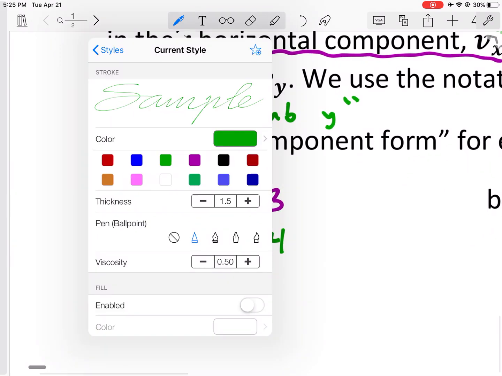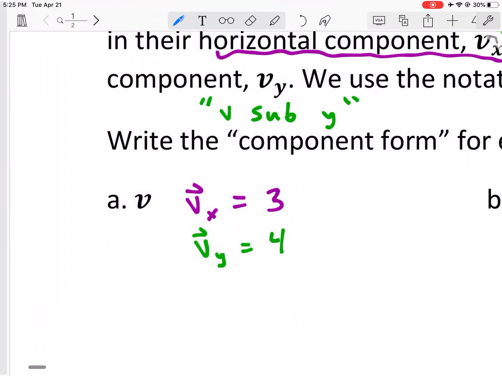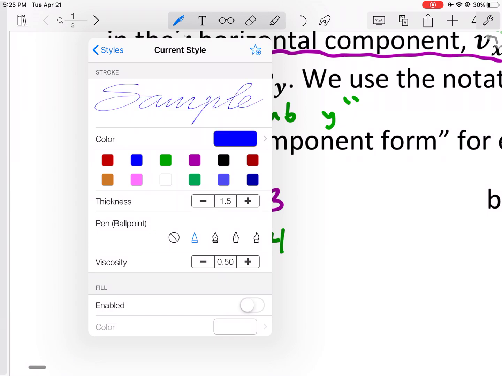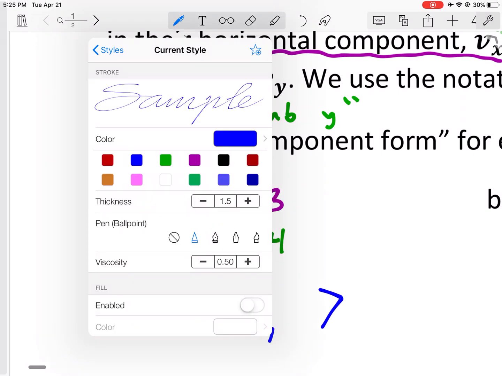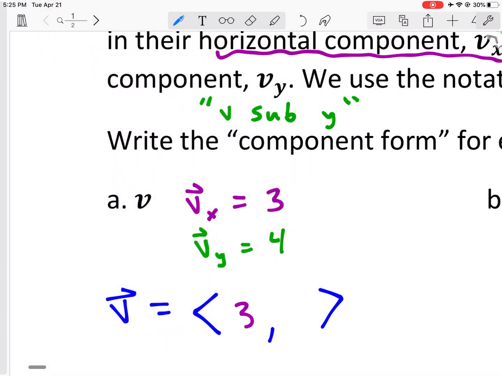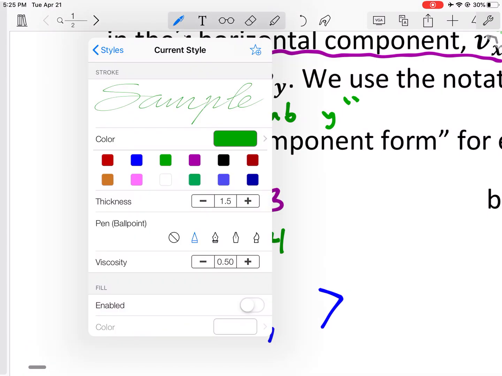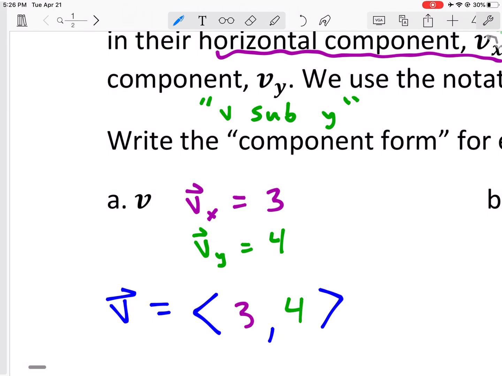Therefore, we can write the vector in component form. v is equal to, we use these angular brackets, the horizontal component that we found was 3, and the vertical component that we found is 4.